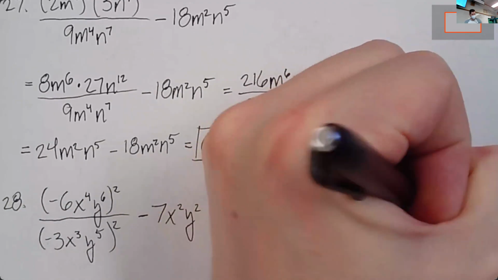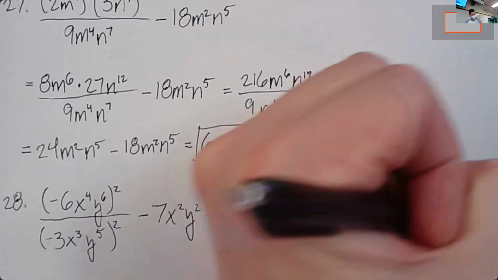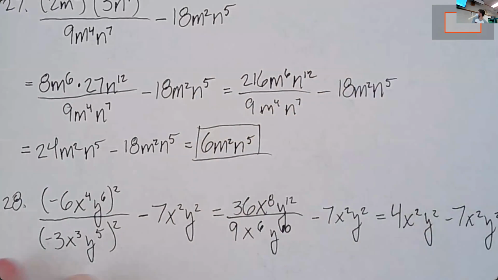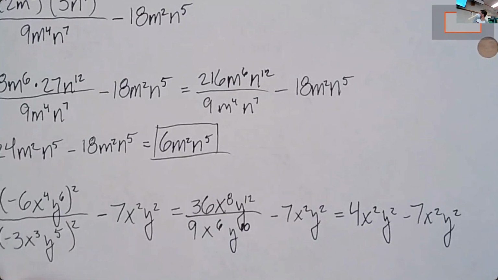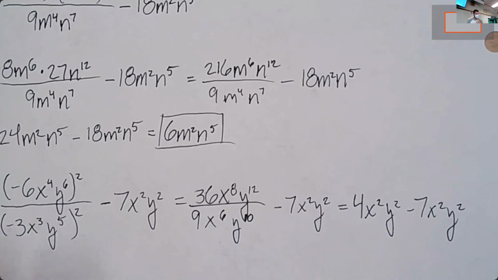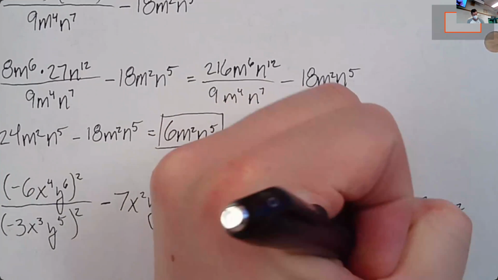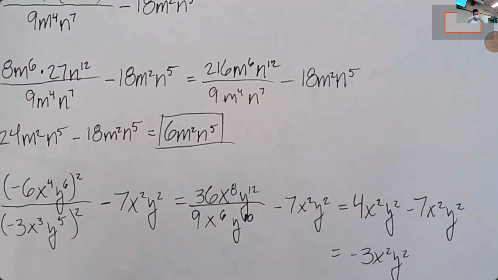And kind of what we expected here, same variables and exponents, which means we've got some like terms. 4x squared y squared minus 7x squared y squared. So really the only other calculation we need to do here is 4 minus 7. What is 4 minus 7 equal? Negative 3, yeah. So we end up with negative 3, so this equals negative 3x squared y squared.